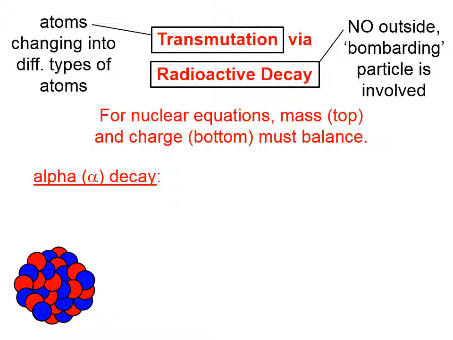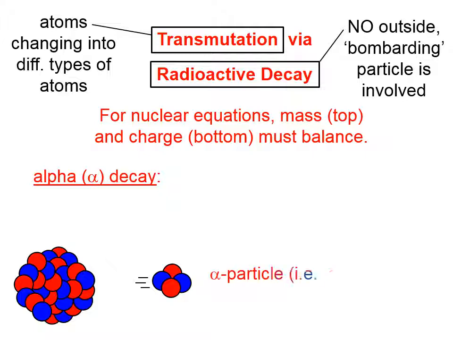Here's an atomic nucleus. What happens in alpha decay is an alpha particle is spit out of the nucleus. There's an alpha particle. It doesn't matter which I've colored which, but the protons are one color, the neutrons are another color, and you can see that an alpha particle consists of 2 protons and 2 neutrons.